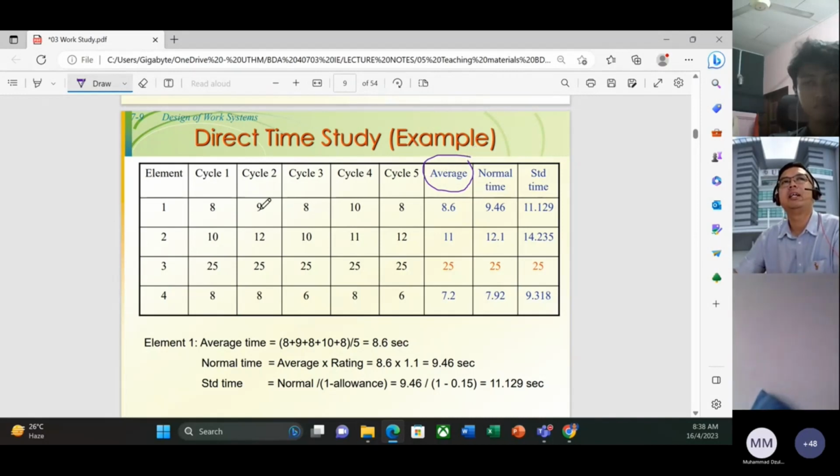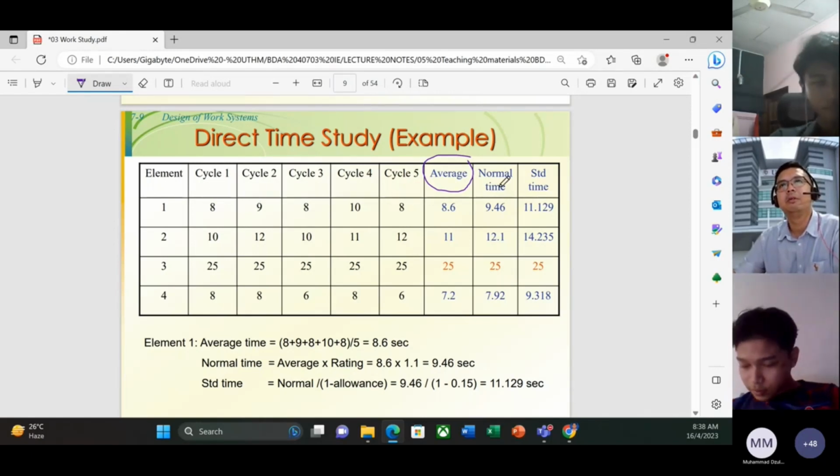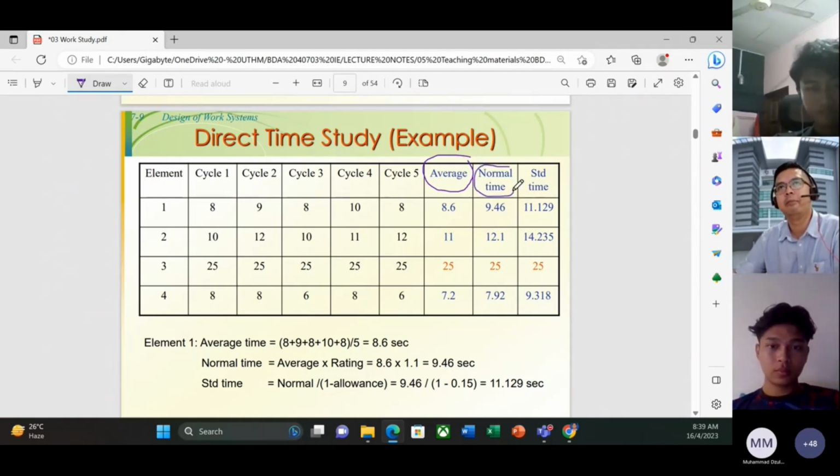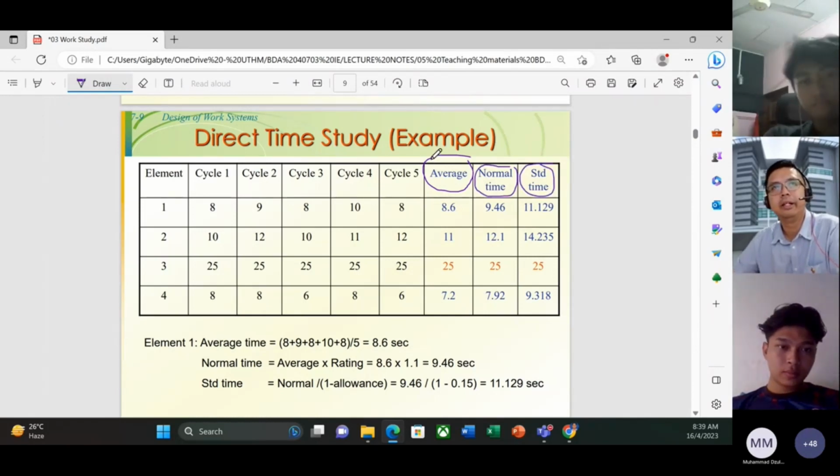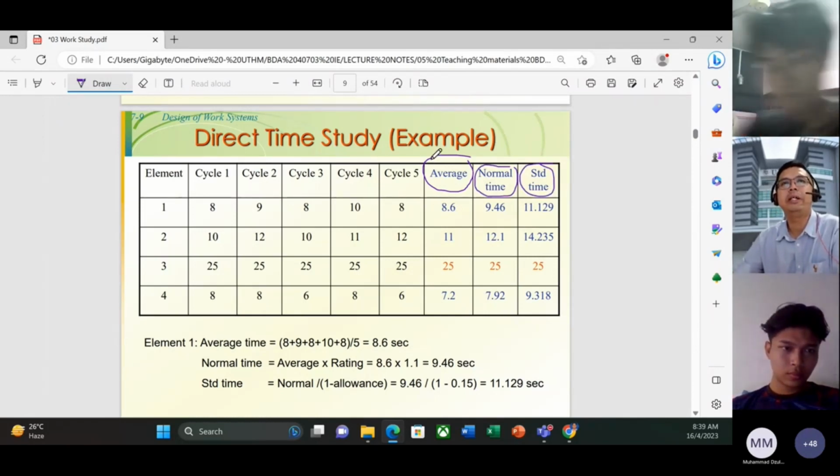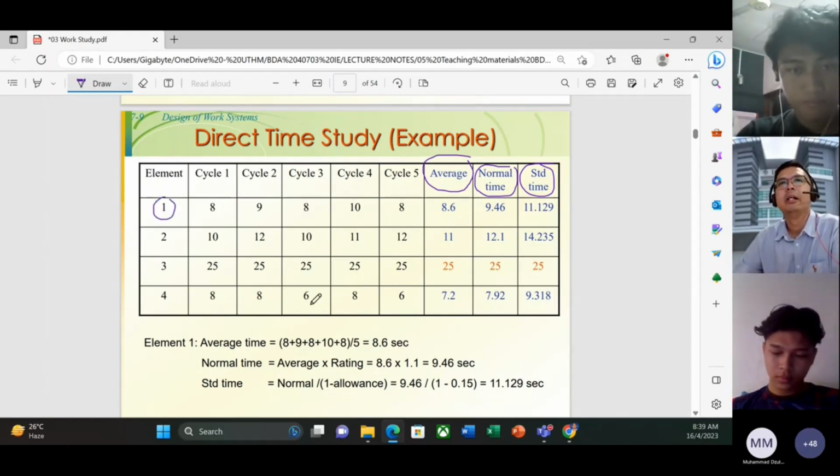Please copy down this example first. Make it 3 columns here. The first column is the average, the second column is the normal time, and the third column is the standard time. How do we calculate the average time for the first work element?